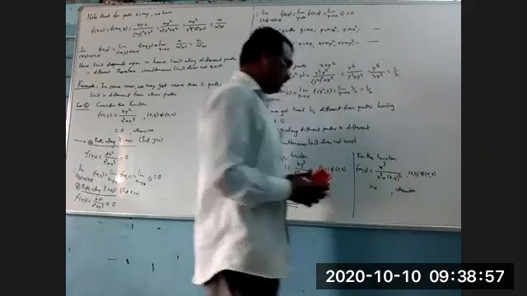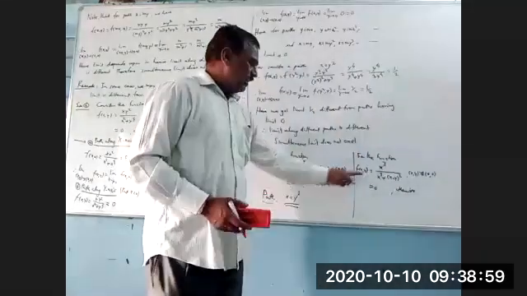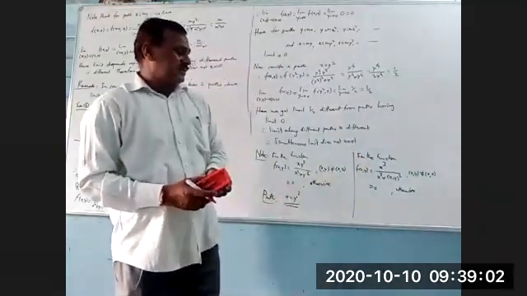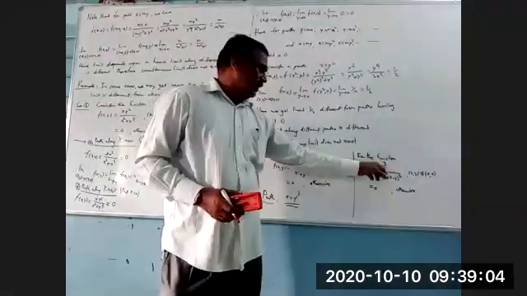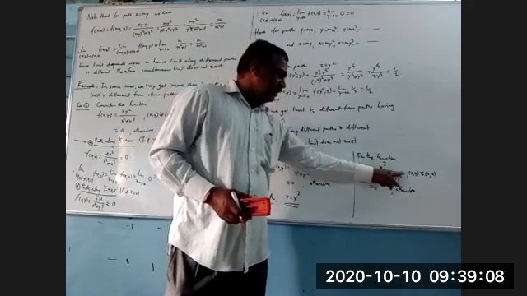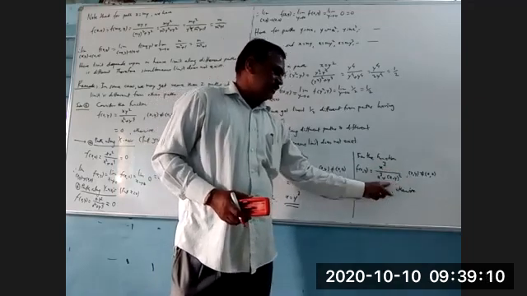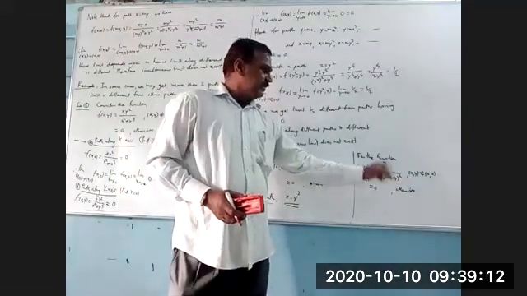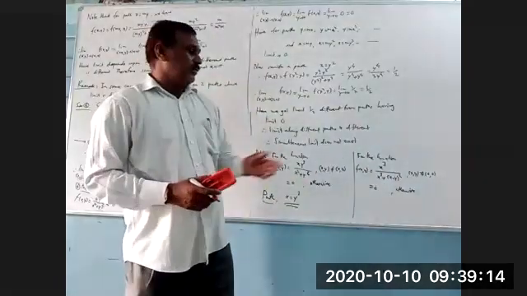Now, for such functions, try to make the degrees of numerator and denominator the same, provided this term will vanish. If this term vanishes, then the degrees of numerator and denominator will be the same.